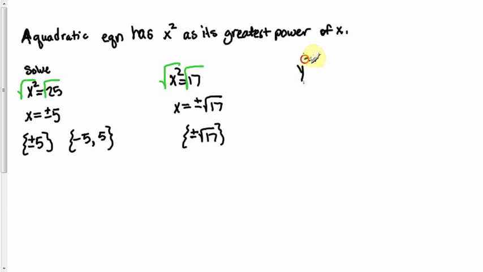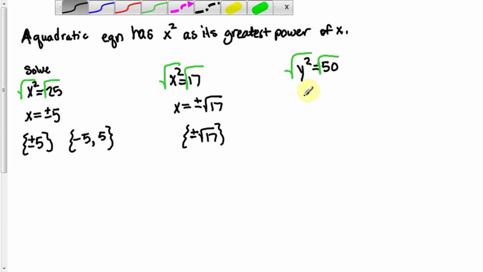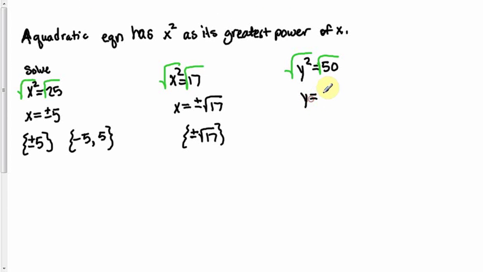Here is one that doesn't use x, so you may see variables other than x in a quadratic equation. That's okay. I have y squared equals 50. So I would square root both sides. And I get y equals plus or minus the square root of 50. But 50 does have a perfect square factor in it.